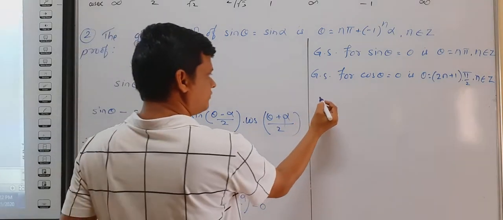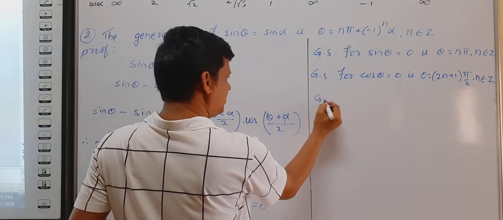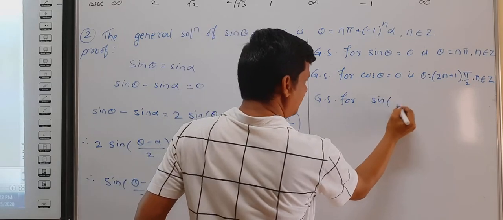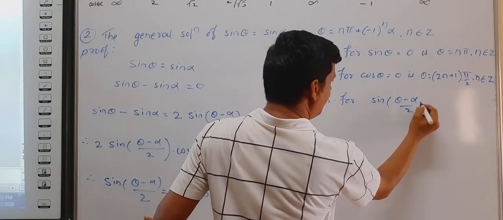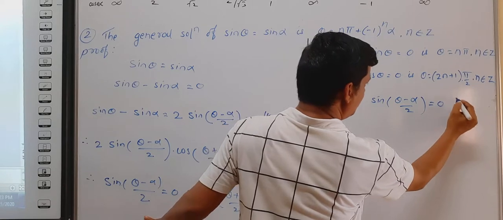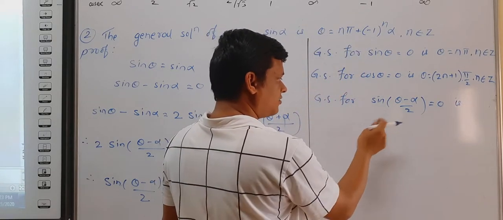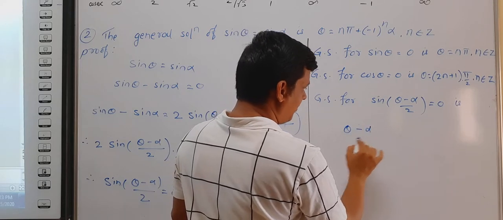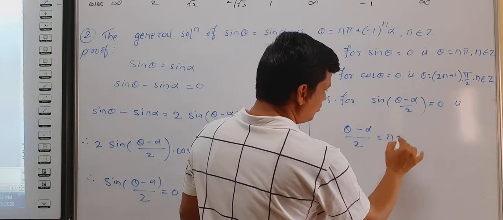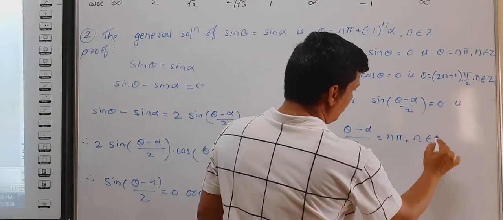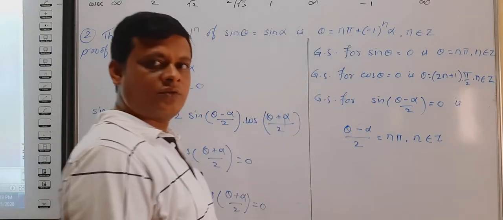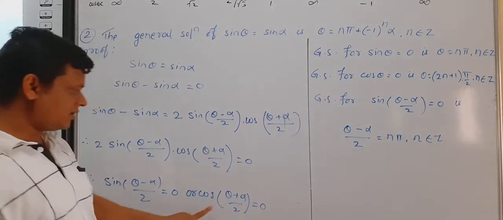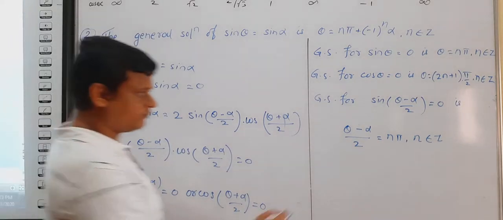So the general solution is (theta minus alpha) upon 2 equals n pi, n belongs to Z. Similarly, we write the general solution for cos of (theta plus alpha) by 2.